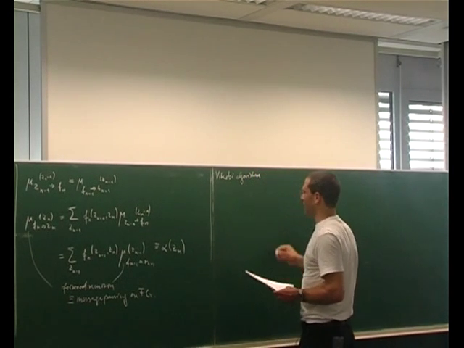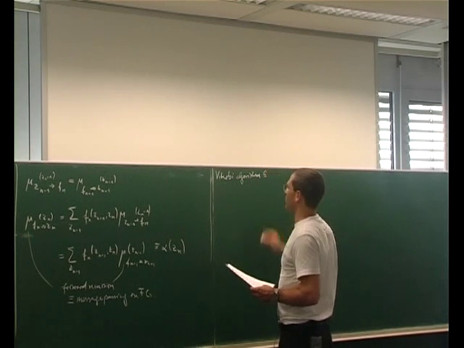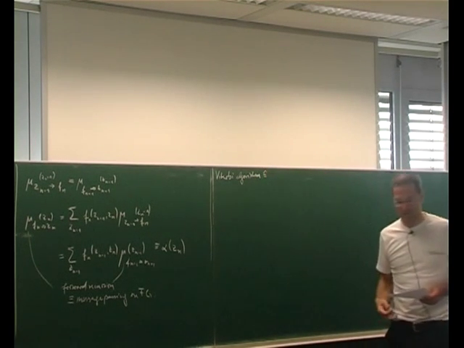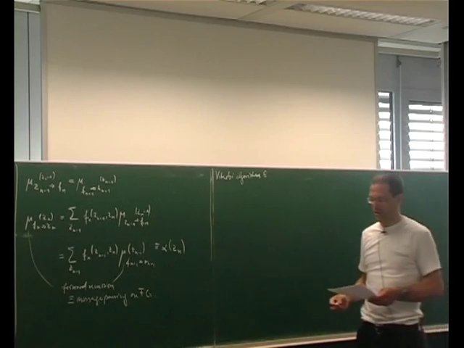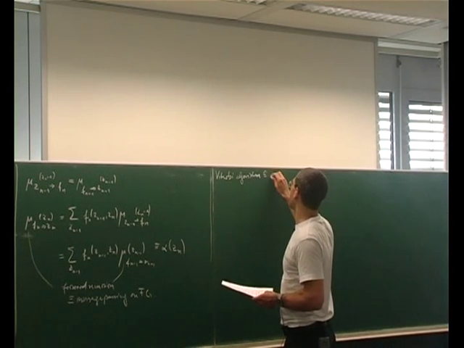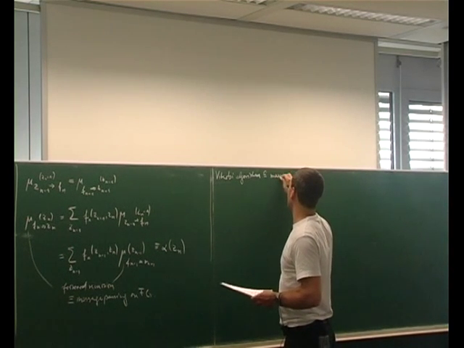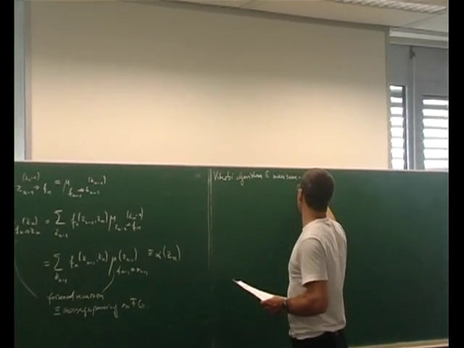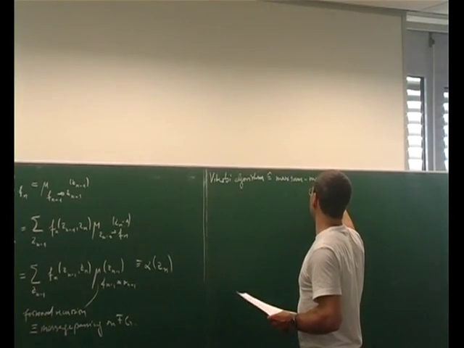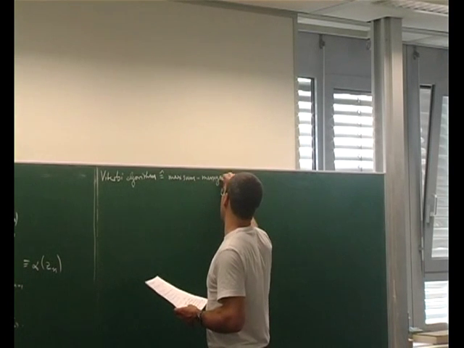And we will see that again, this is just a special case of a more general algorithm from graphical models, namely the max sum message passing. So not sum product, but this time max sum.